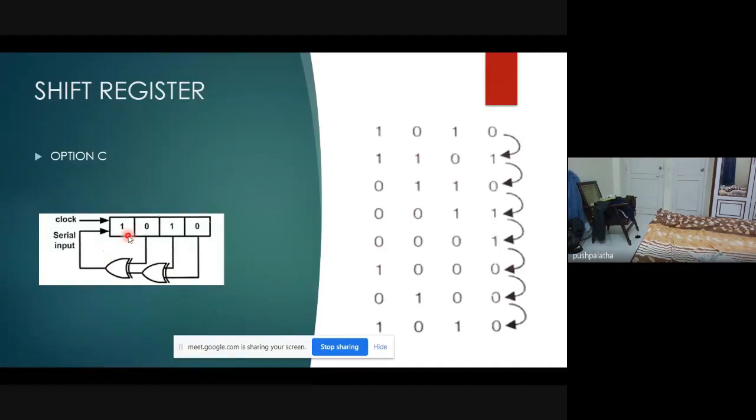Then 0 again combines with this bit, so obviously output is 1. Now this is a shift register, so the first bit will come here, the second bit will be shifted to this position, and the third bit will come here.